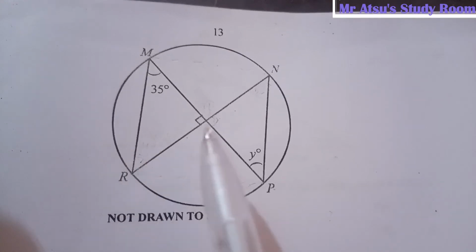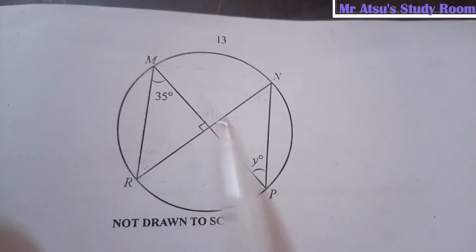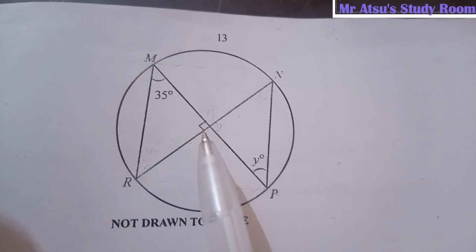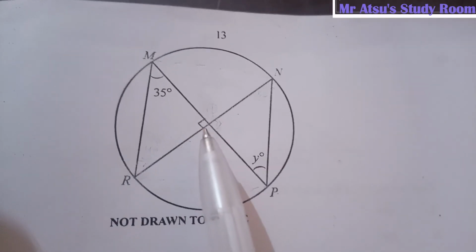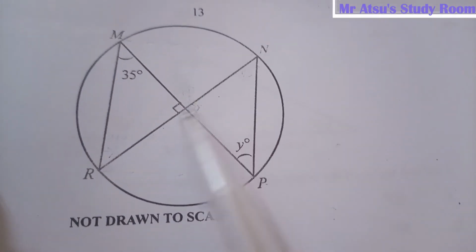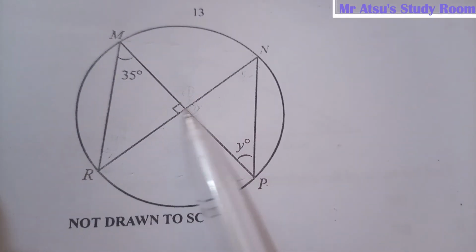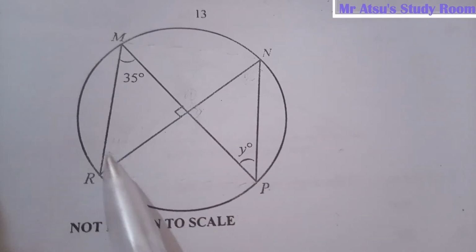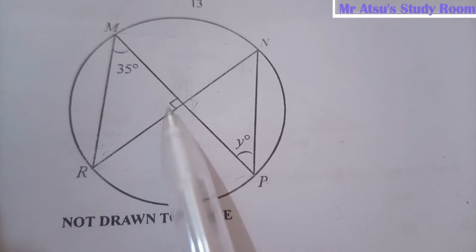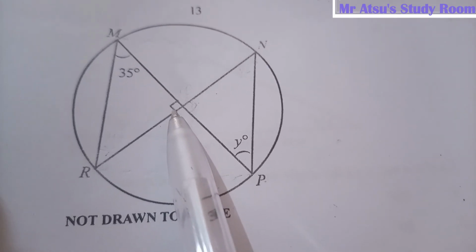One thing that is obvious is that this is a triangle. And we know the sum of interior angles of a triangle. In that case, taking triangle MQR, I intentionally put my own Q here. The sum of interior angles should be 180 degrees. And you can see here, there is 90 degrees.